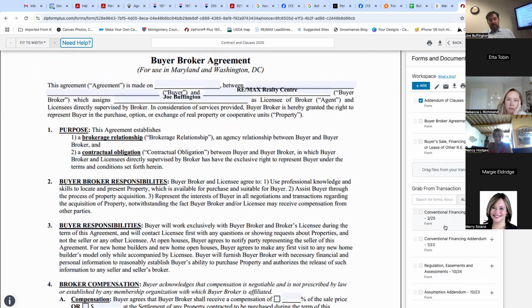Rentals were excluded from the commission lawsuit, but everything changed, and they still haven't addressed how buyer tenant brokerage works. So you just want to make sure that you don't assume that the listing agent on a rental is going to pay you.